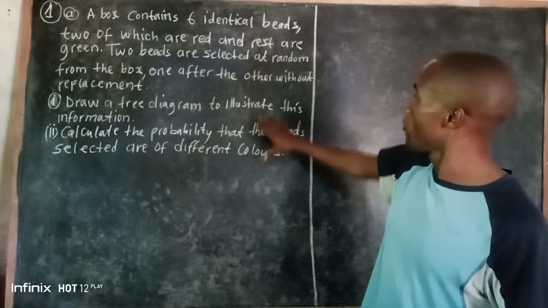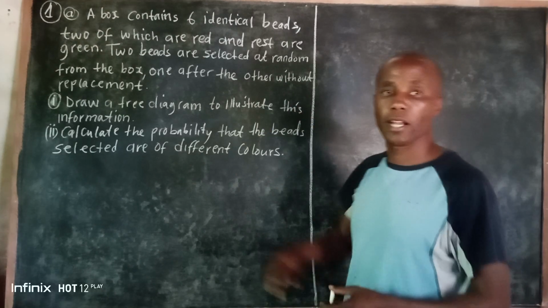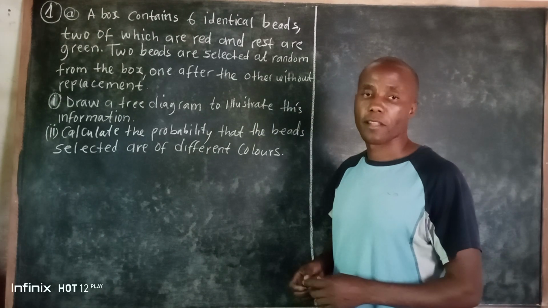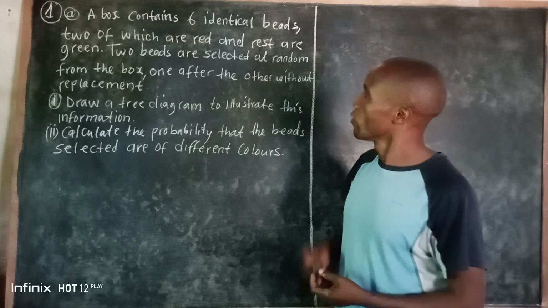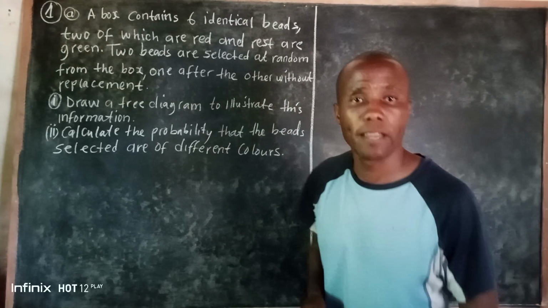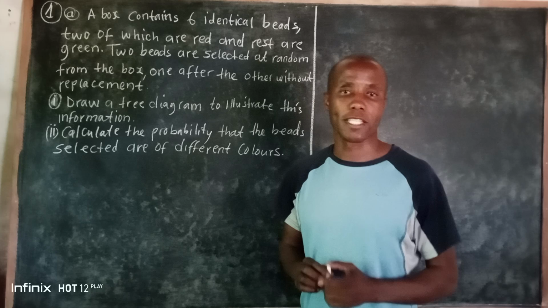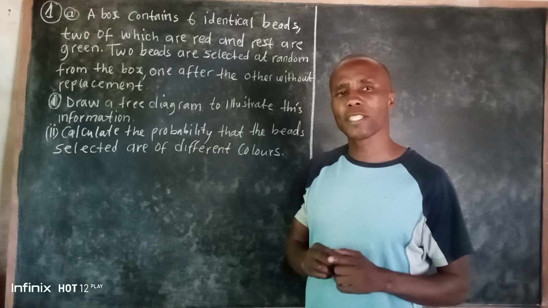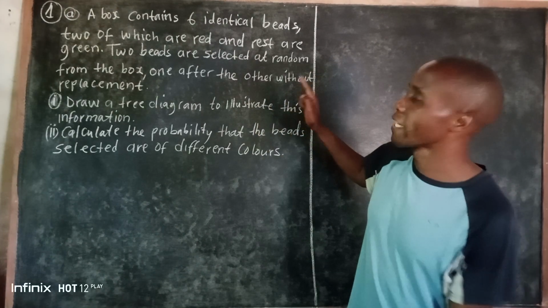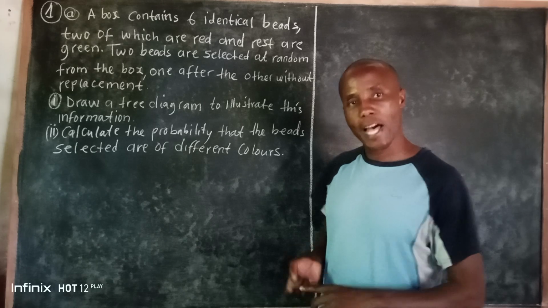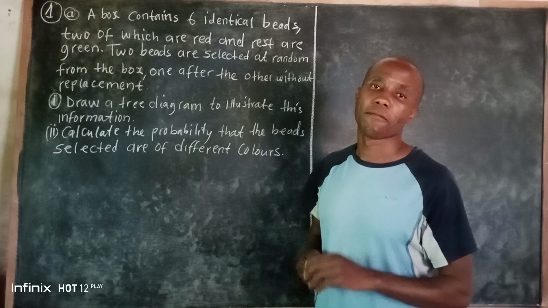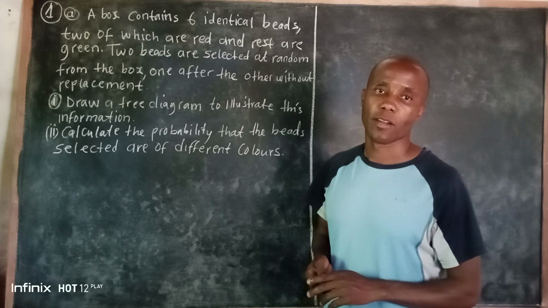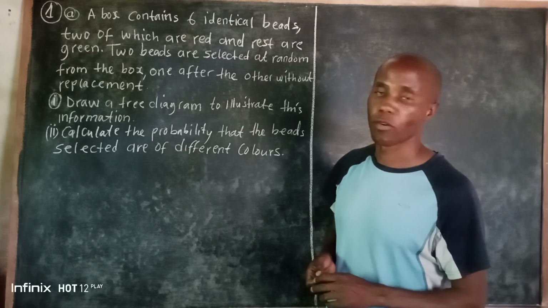Before I go any further, I would like to encourage you, as a learner, to make sure you do not miss questions 1, 2, 3, 4, up to about 5. Why am I saying so?